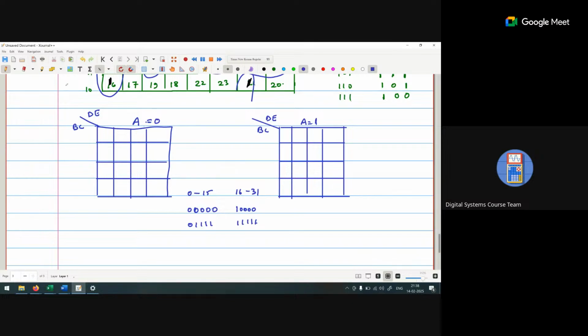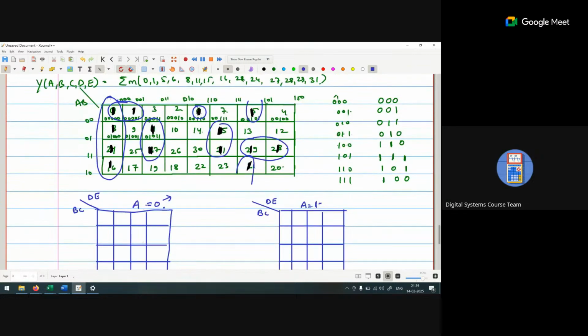So what we choose is the MSB bit. We keep the value of MSB constant. In one particular box, we are using the MSB value 0, so any min term that lies between 0 to 15 will be denoted in this one. And for 16 to 31, the MSB bit is 1, so I am taking A as 1. Now the values from 16 to 31 will lie in this group.